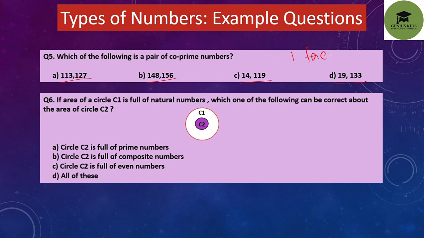In co-prime numbers, there is only one common factor. So if you see 113 and 127, these two numbers, none is divisible by anything.